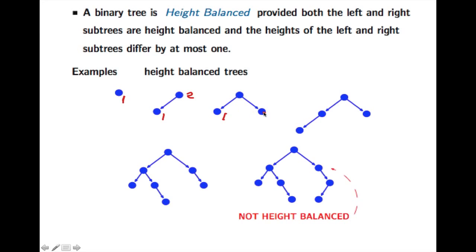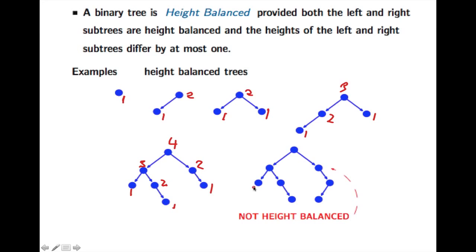So here we have 1, 1, 2, and here we have 1, 2, 1, and 3. So there's a difference, but only of 1. And here we have 1, 1, 2, 3, and here we have 1, 2, and that 4. So the differences are still only 1.